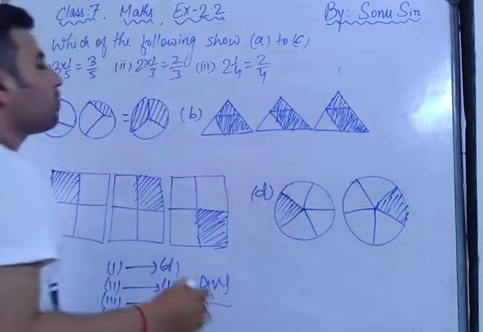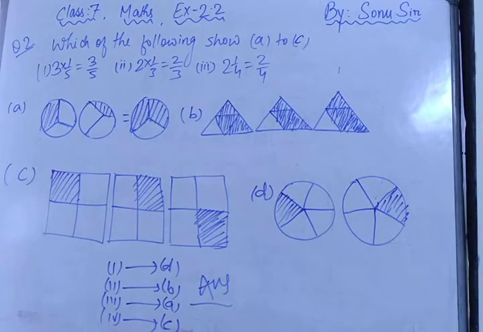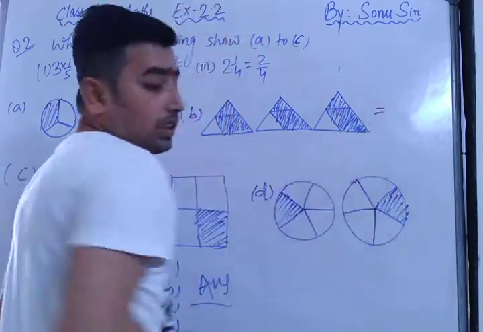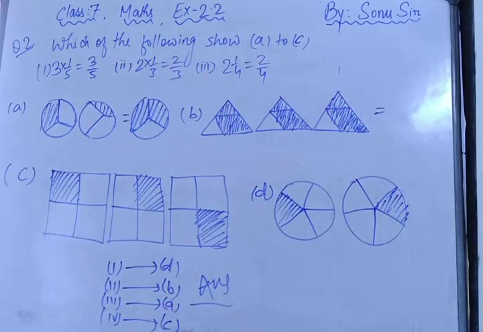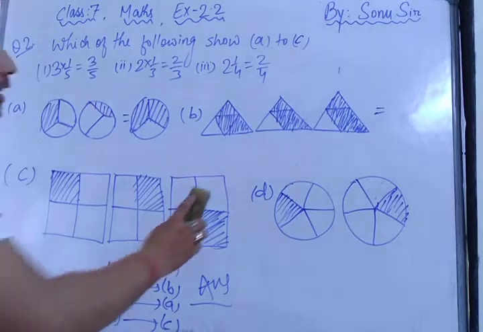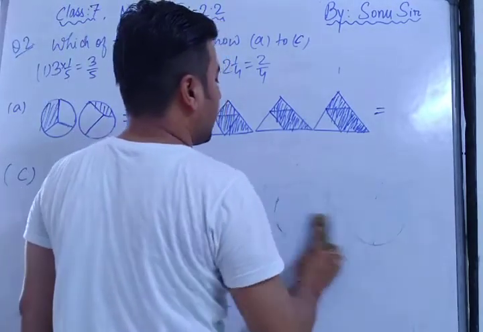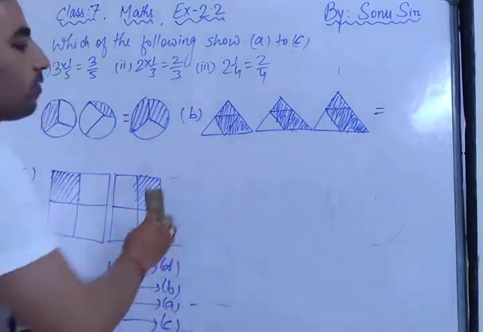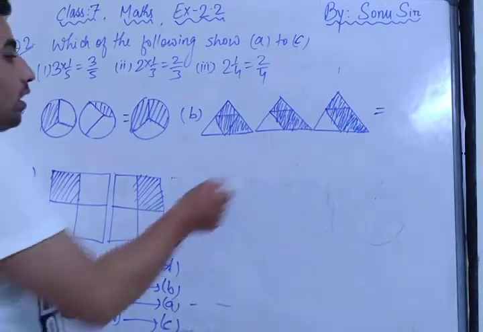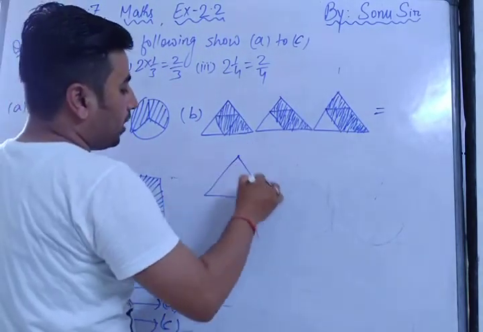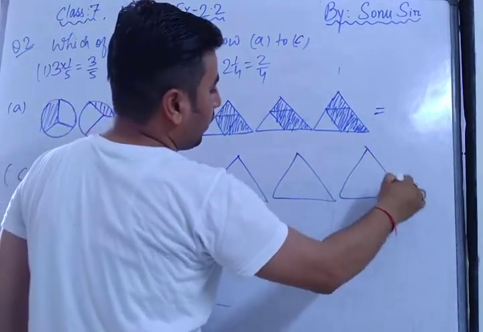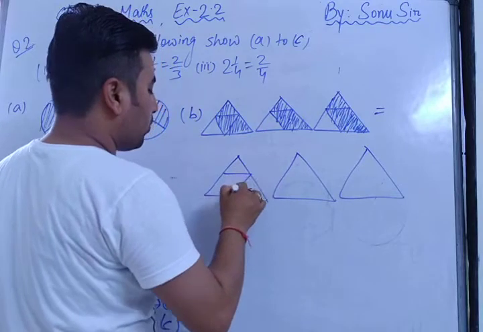After that, it is equal to, they have again given you 3 triangles, and in these they have colored 2 triangles fully and the third triangle they have left. Just suppose again 3 triangles, 1, 2 and 3, divided into 4 parts.